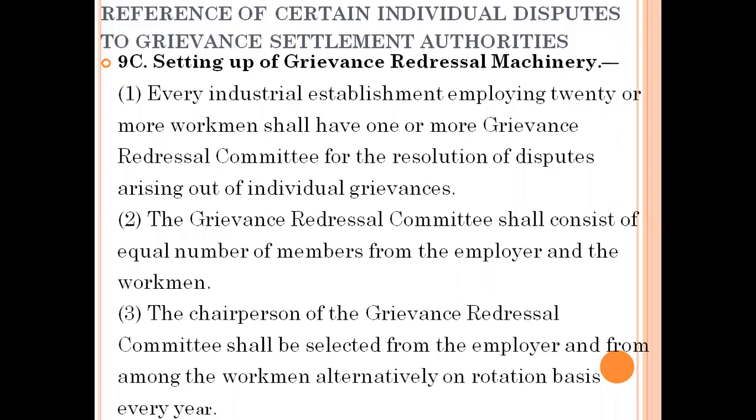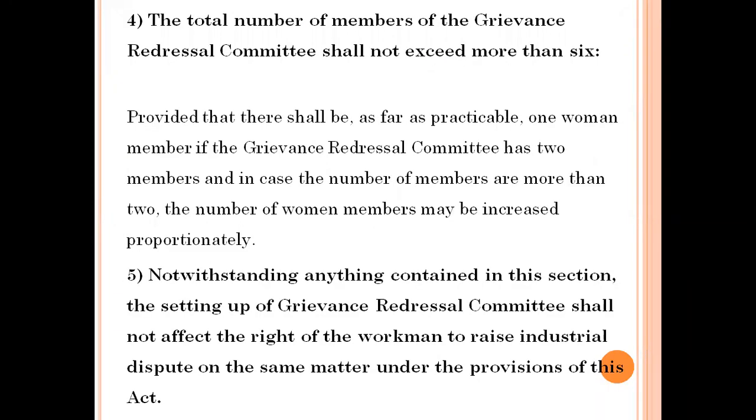The chairperson of the grievance redressal committee is selected alternatively from the employer and employee side every year. And the total number of members of the grievance committee shall not exceed 6.